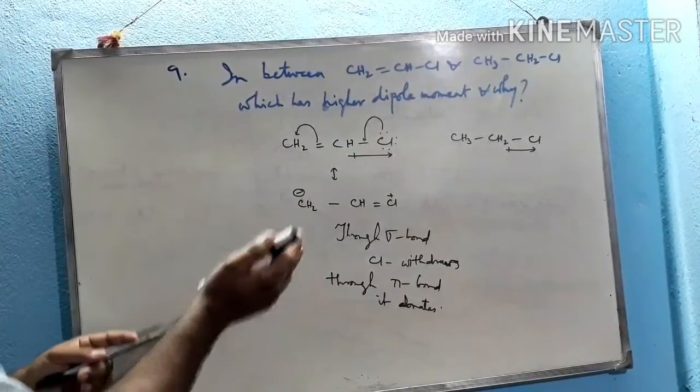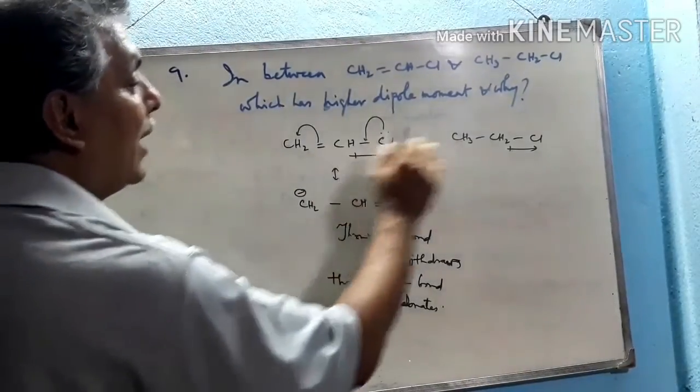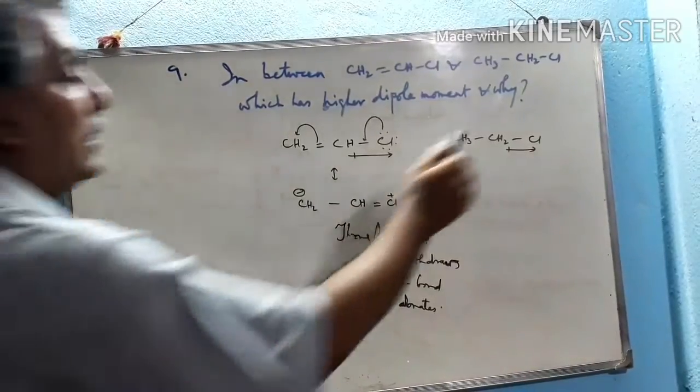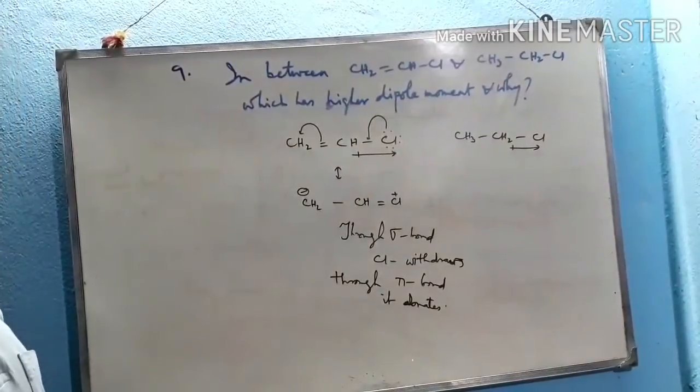Back donation takes place. That's why the dipole moment of the first compound is somewhat less than that of the second compound. Here no such back donation occurs. So ethyl chloride shows a higher dipole moment than vinyl chloride.